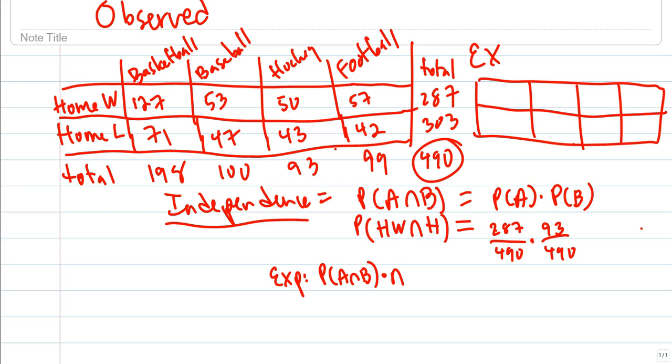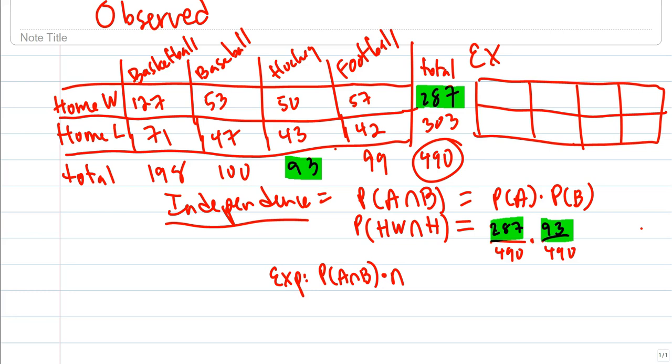So the probability of getting a home win and hockey would be the probability of a home win, 287 out of the 490, times the probability of hockey occurring, 93 out of the 490. So that's this 287, that's this 93, and each one over 490. This is what would occur if everything was perfectly independent. Okay? How many would we expect?